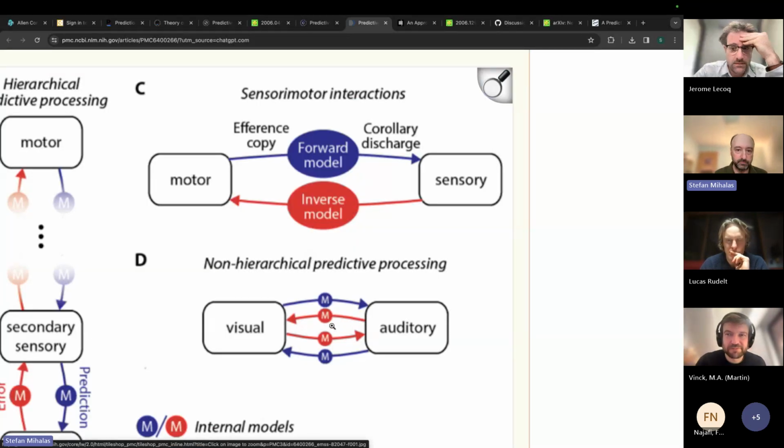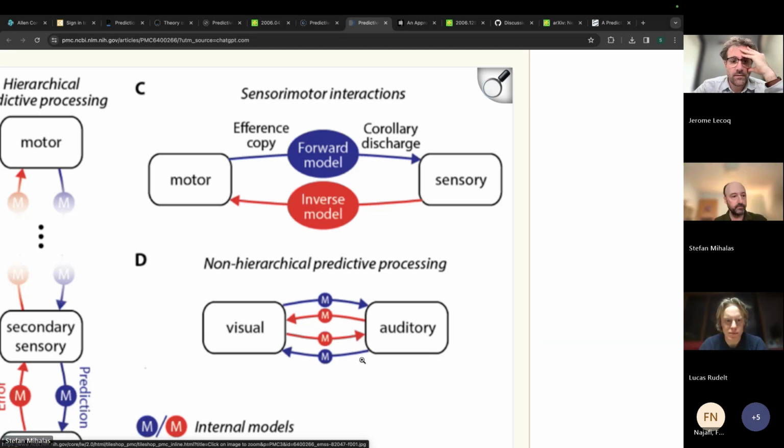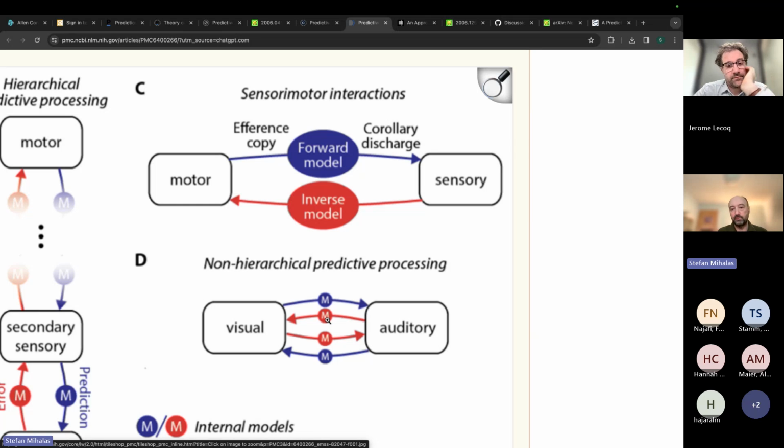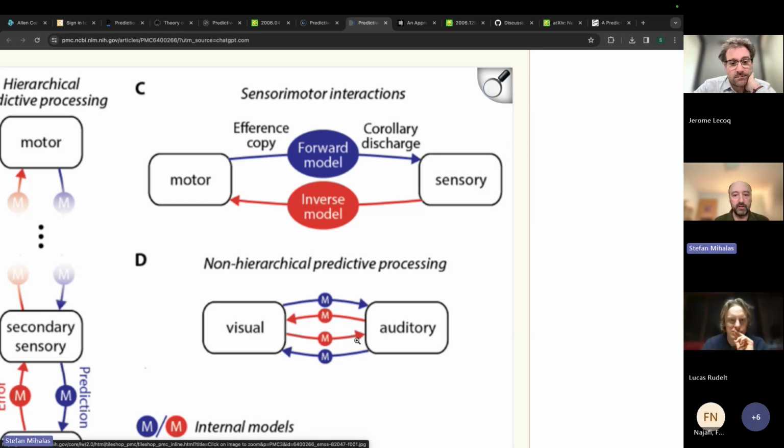This is from their paper, and there is associated text. So in here, the prediction is blue, the error is red. And what they present for non-hierarchical are two equally level sensory systems. Okay, perfect. Yeah. Okay. And we use that.